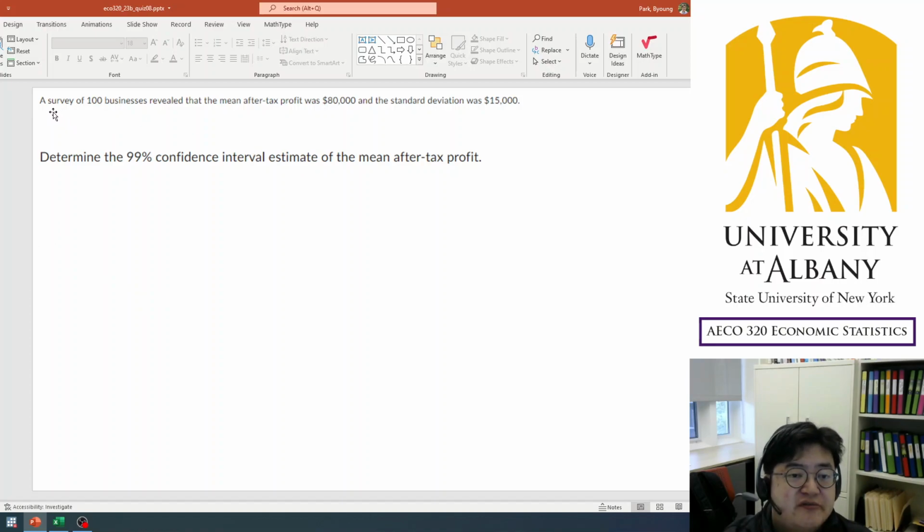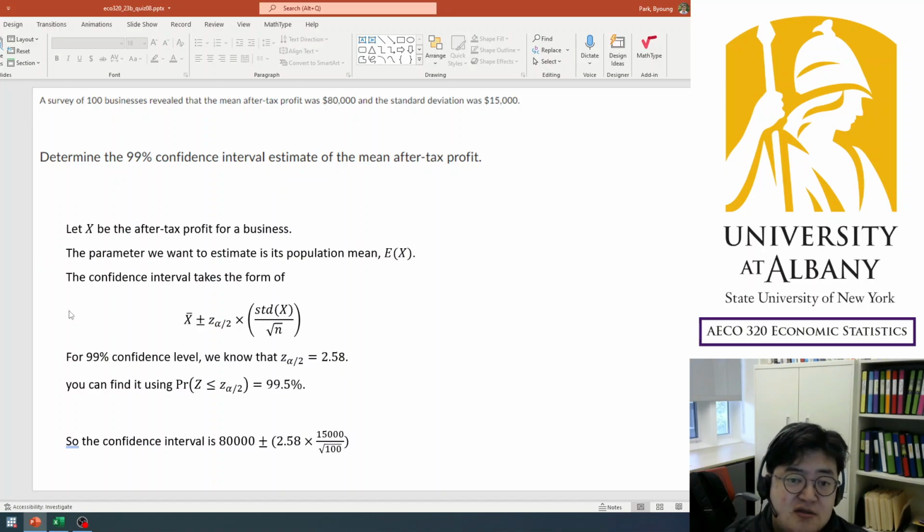Next question. A survey of 100 businesses revealed that the mean after-tax profit was $80,000 and the standard deviation was $15,000. Determine the 99% confidence interval estimate of the mean after-tax profit, right? So same thing, we are going to use random variable x for the after-tax profit for a randomly chosen business, right?